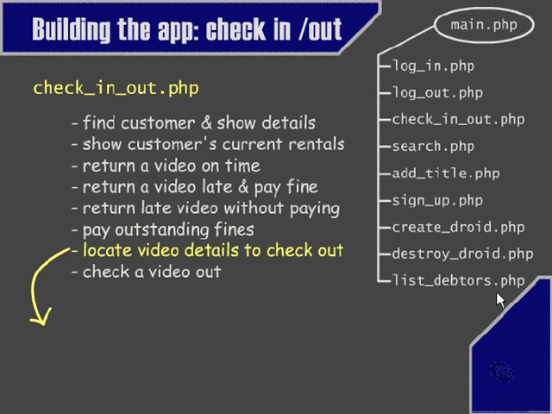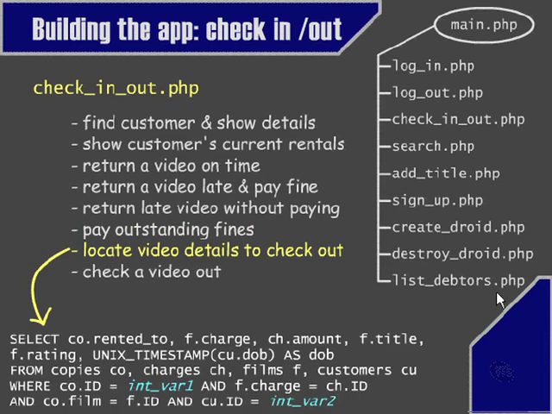We also need to be able to locate video details in order to check out. To do this, we pull out from the copies table, the charges table, the films and the customers table. And again we're using a Unix timestamp function, and this is to get the customer's date of birth.